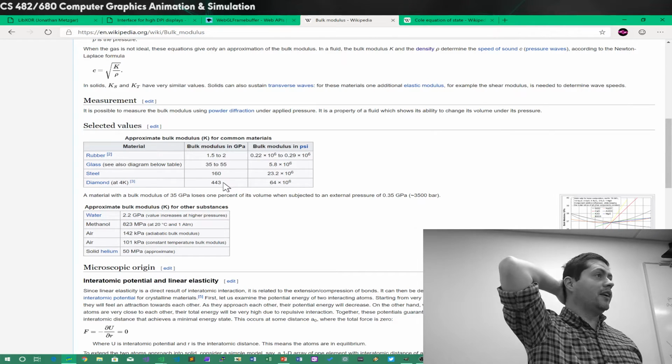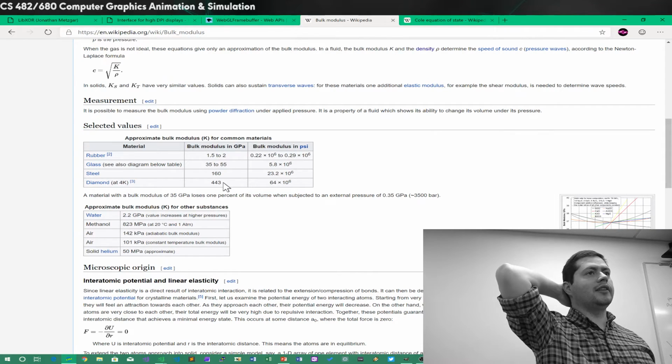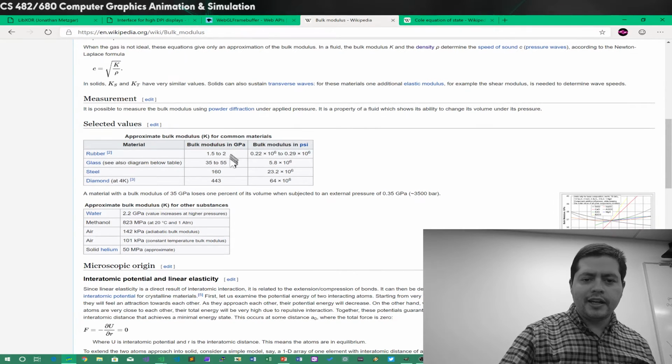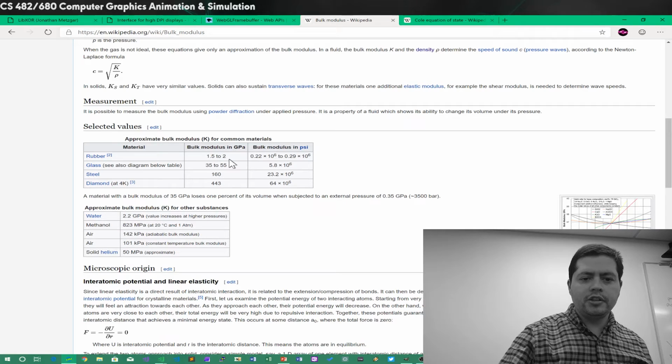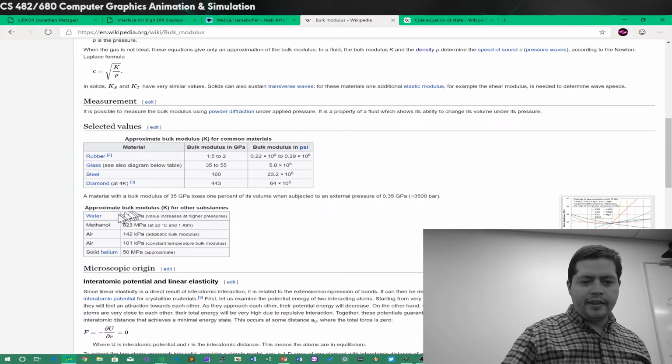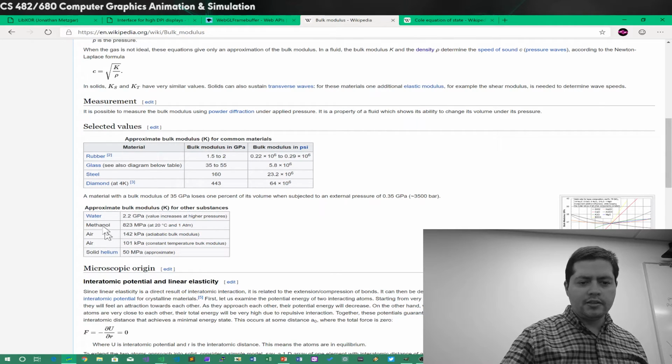I'm just trying to find realistic values because I want to put a slider in there that allows me to control this. So I decided that, well, rubber is already pretty hard, so 2 or 3 is a good maximum value. I was looking over here at water and air.